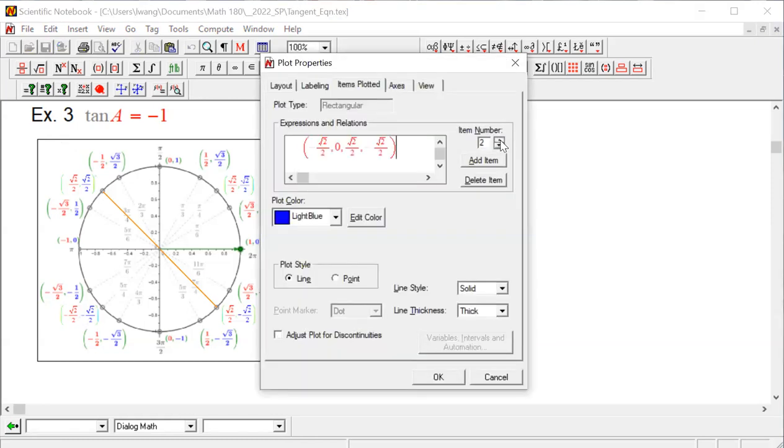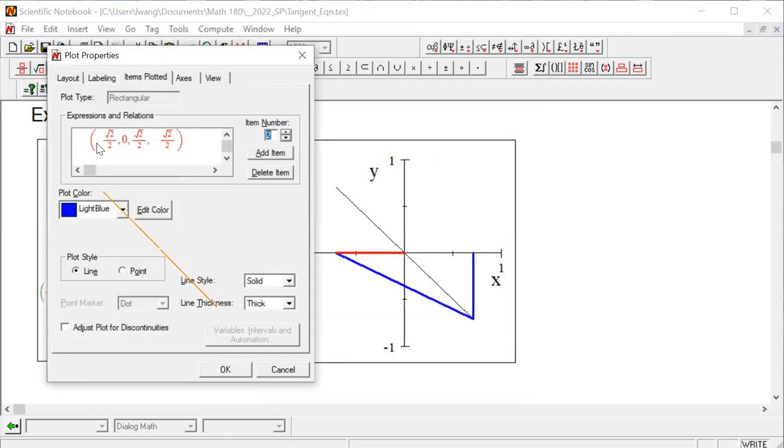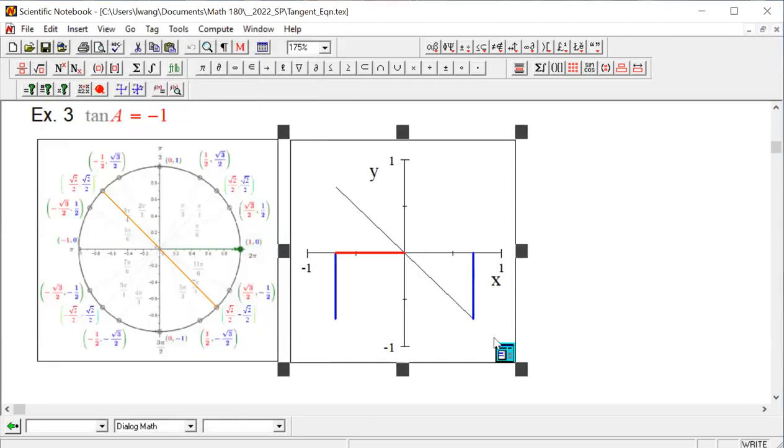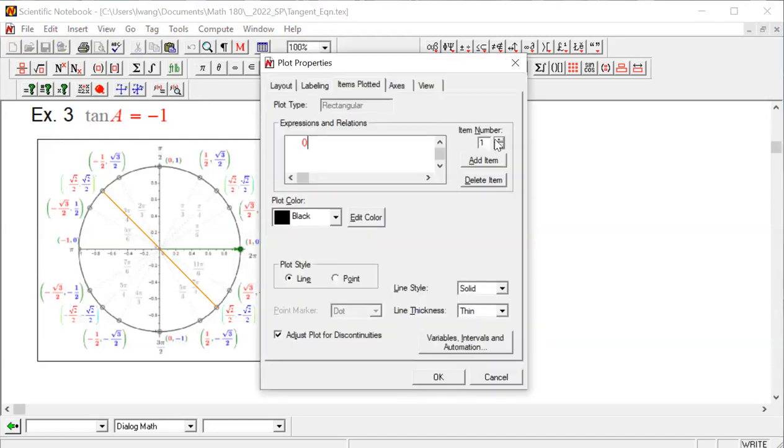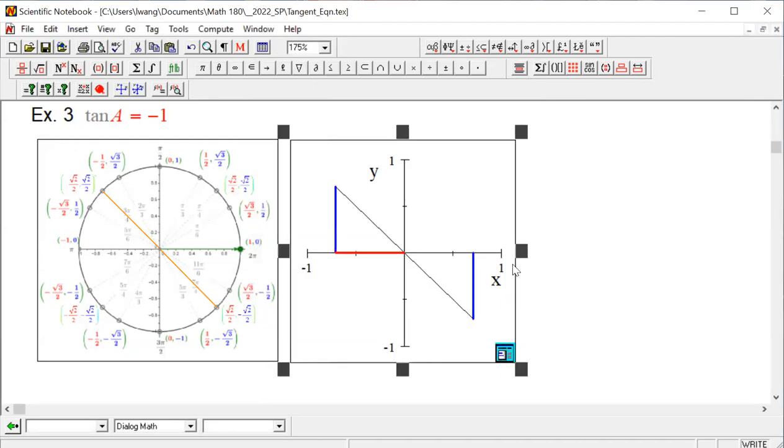Okay. This might be the problem. Yeah. -√2 over 2, 0. And this is negative, that's why. Oh, that should go up, sorry. That should go higher. There you go, this should work.